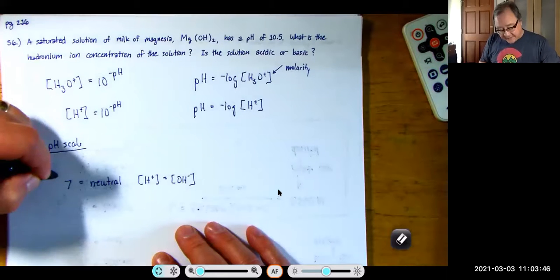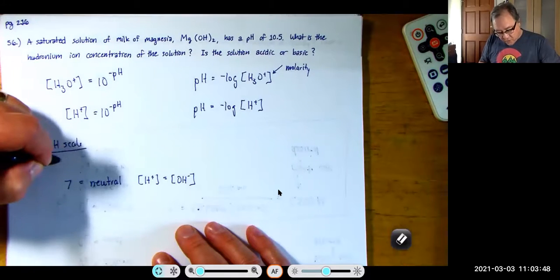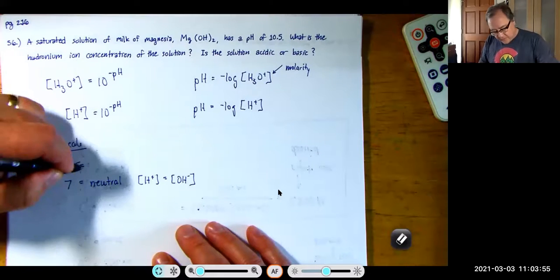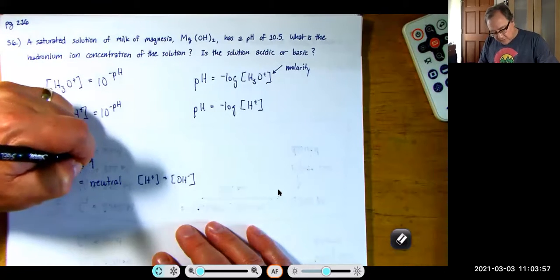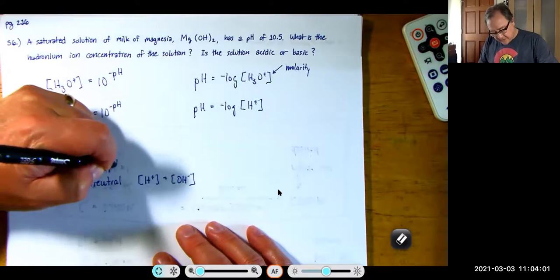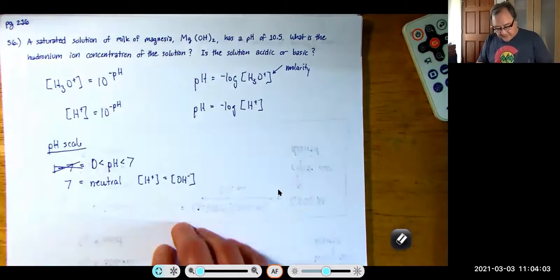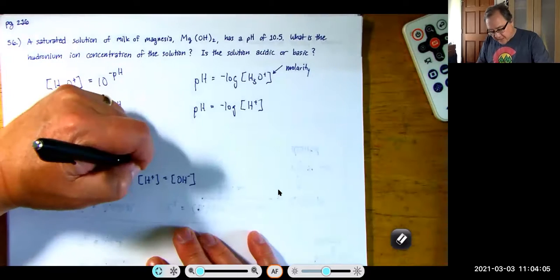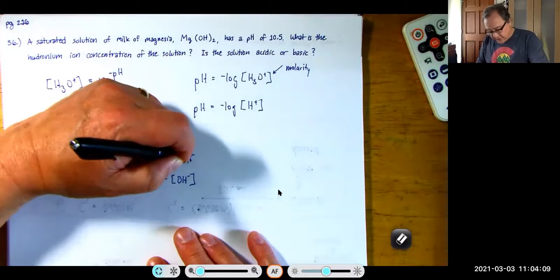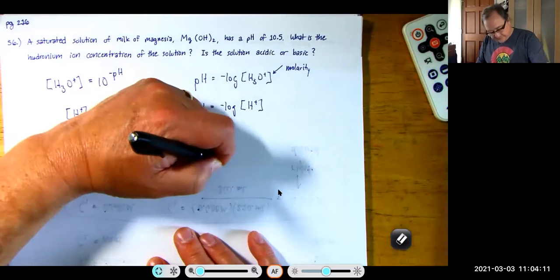Anything less than 7, greater than 0 but less than 7, means the hydronium ion concentration is greater than the hydroxide ion concentration, so it's called acidic.